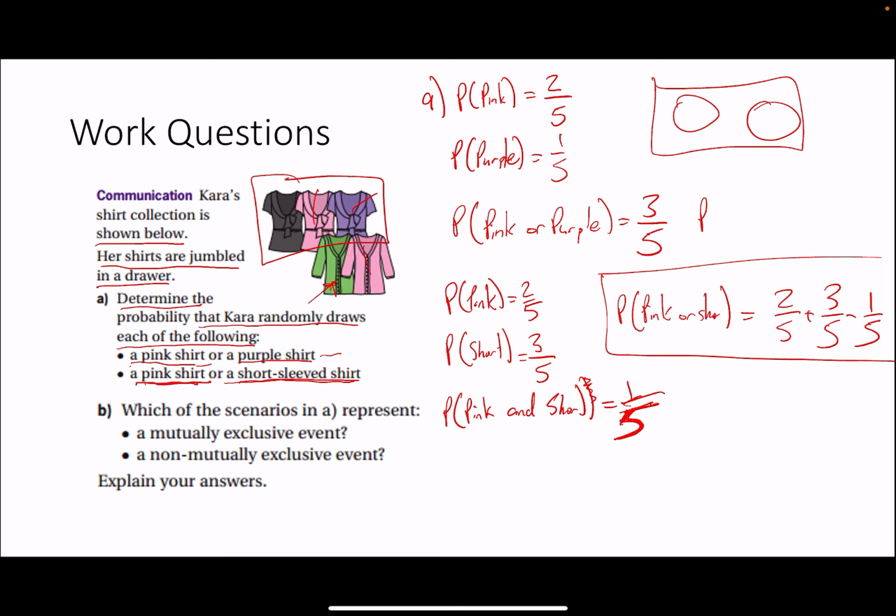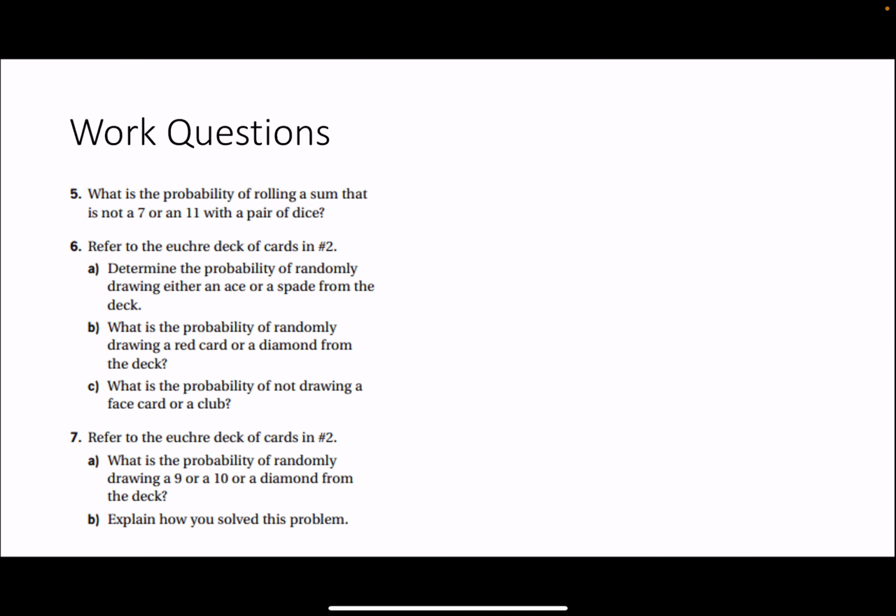So probability of A or B is equal to the probability of A plus the probability of B minus the probability of A and B when they're non-mutually exclusive, when there is an intersection of short sleeves and pink, right? So that's the explanation.